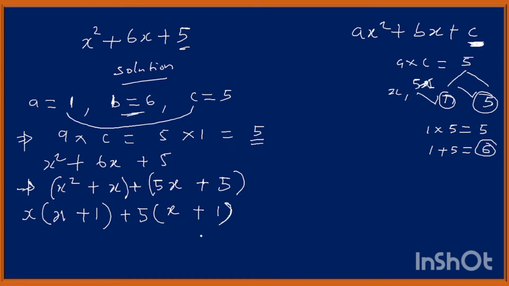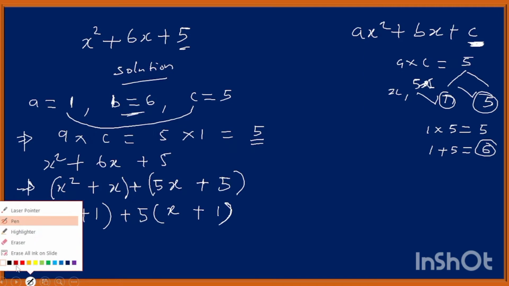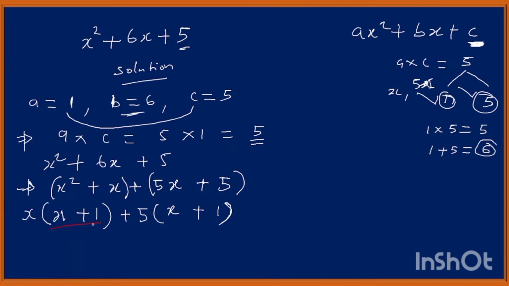If you look closely at what I have here, you come to understand that the term in this bracket is the same thing as the term in this bracket. This shows you that what you're doing is correct. So if the term in this bracket is the same thing as the term in this bracket, you just pick one of it, which is x plus 1.